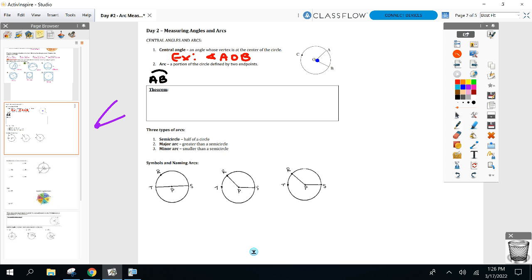Now, question right away comes, which arc AB? Are you going AB this way, or are you going this way? Arc AB, I want to go right from A to B, no letters in between. If I wanted this arc right here, you know what I would call it?